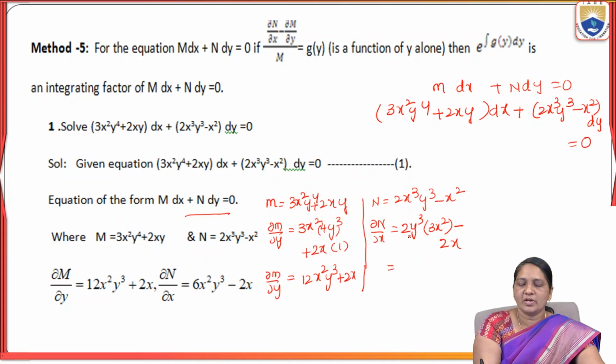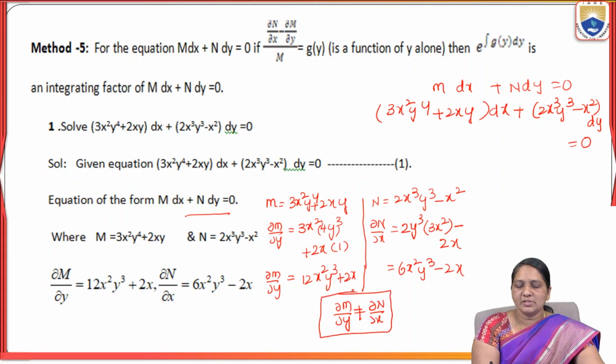So finally this value is 2 times 3, 6x²y³ − 2x. This is the value of ∂N/∂x. Here ∂M/∂y is 12x²y³ + 2x, and ∂N/∂x is 6x²y³ − 2x. So ∂M/∂y is not equal to ∂N/∂x. That means this is a non-exact differential equation.